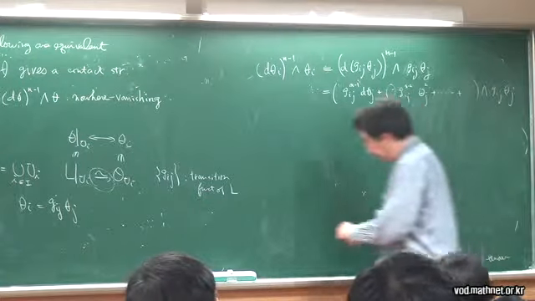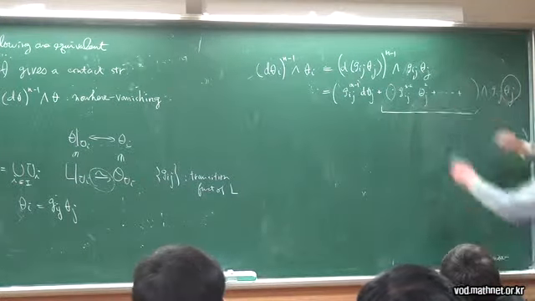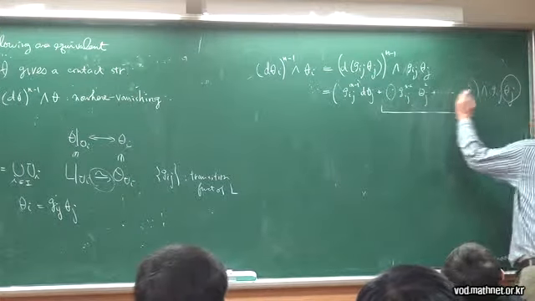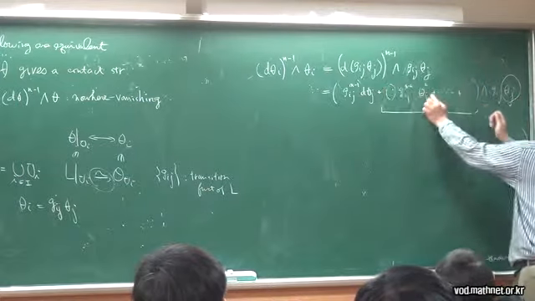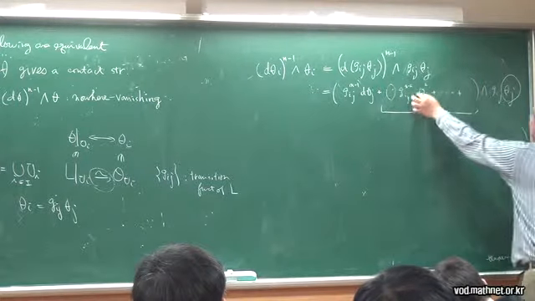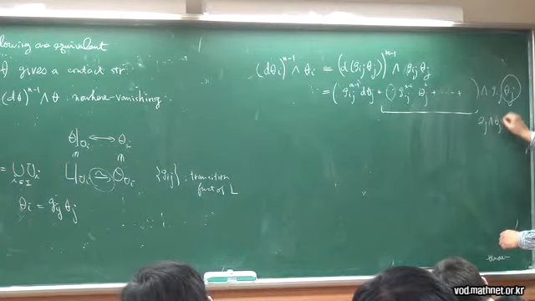But here you have theta_j, and the remaining terms always contain some theta_j, but theta_j wedge theta_j is 0.